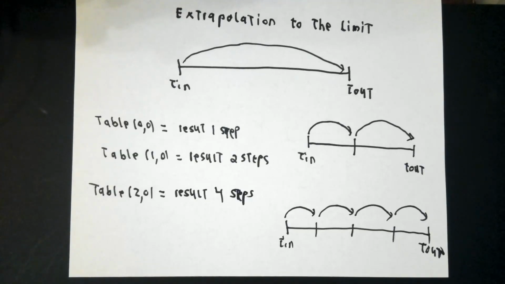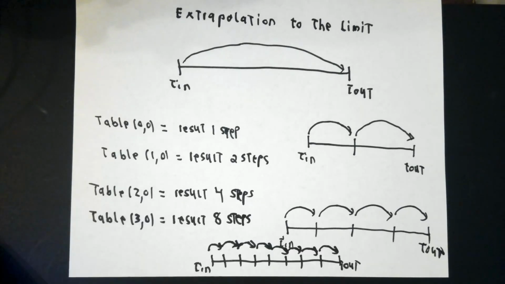I could restart the problem again, except this time I'm going to use four equally sized steps. I'll call the result table 2, 0. Then I could use 8 steps. I'll call the resulting estimate table 3, 0.